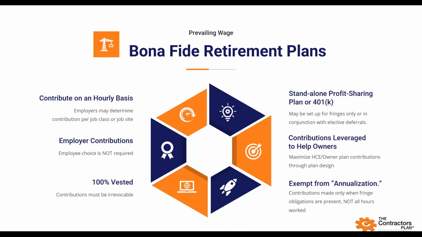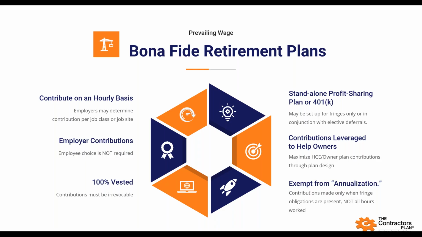So retirement programs have a number of opportunities for contractors. First, you can contribute on an hourly basis quite easily. And in fact, employers have the opportunity to determine their contribution by job class or job site.